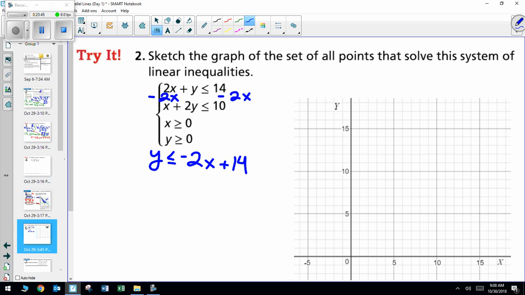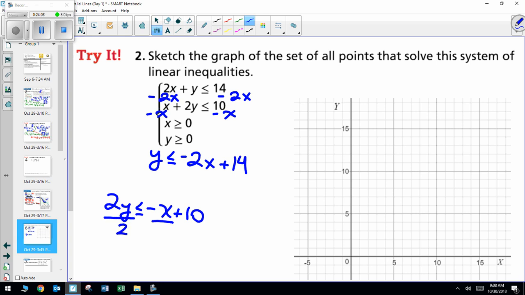In the second equation, I have to subtract x, and I would get 2y is less than or equal to 10 minus x, or negative x plus 10. And then I also have to divide by that coefficient in front of y.